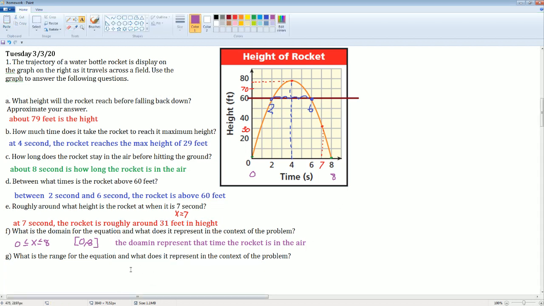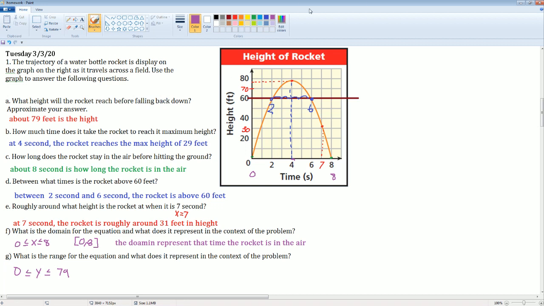What is the range for the equation? So let's take a look. The range is how high it goes. It looks like it starts here from 0, and we know it's for y. It goes all the way up here to that 79-ish mark. So y is less than or equal to 79, but greater than or equal to 0.